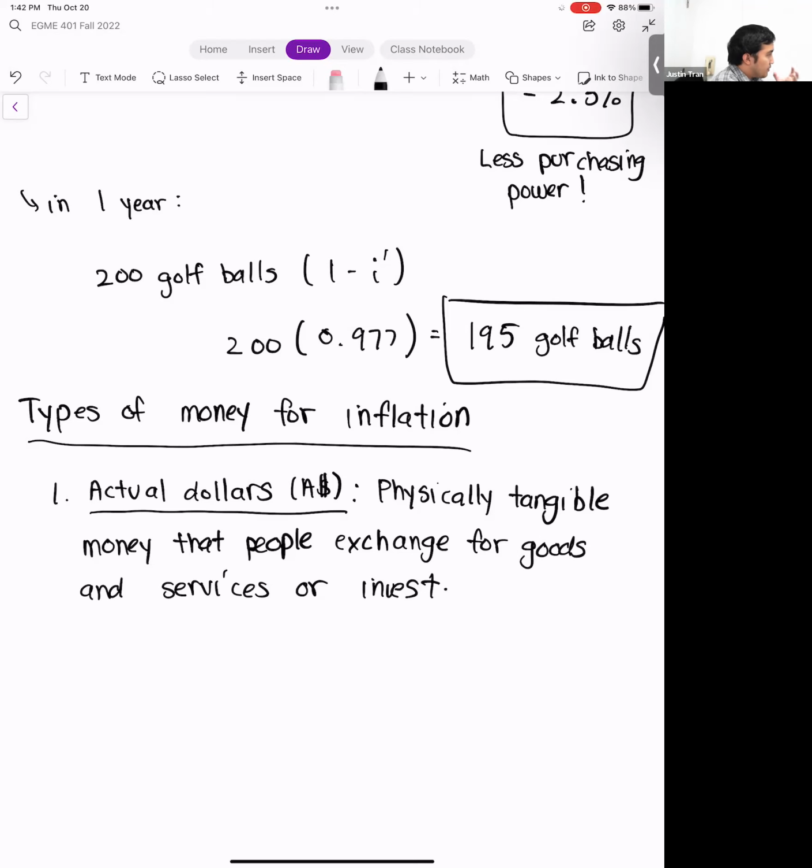So this is like physically tangible money. This is the money that you actually use to buy stuff, invest in stuff, the actual money that you get from revenues, selling stuff like that.